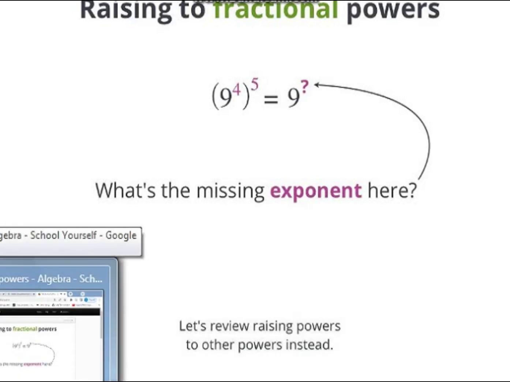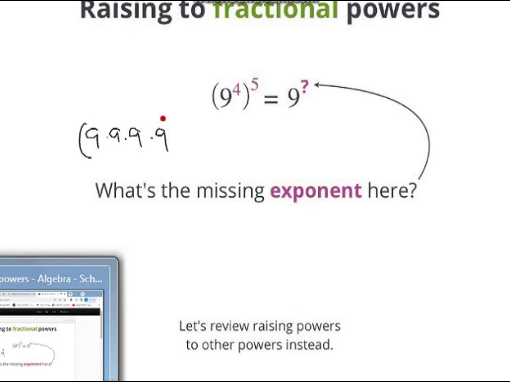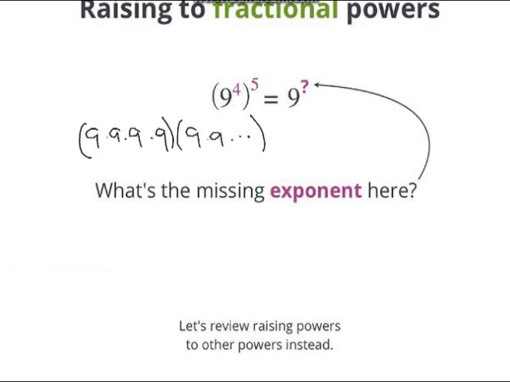9 to the 4th means we have 4 9s, or 9 times 9 times 9 times 9, and this 5th power here means we have 5 sets of those. If we have 5 sets of 4 9s, there are a total of 20 9s there, so we can write that as 9 to the 20th.